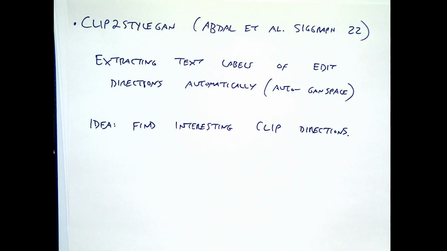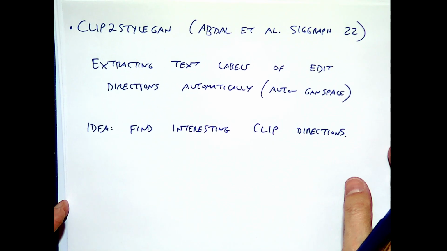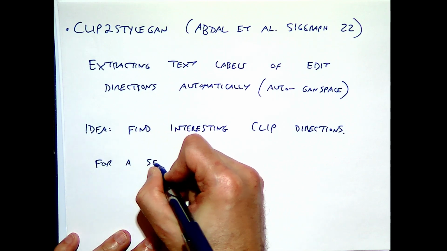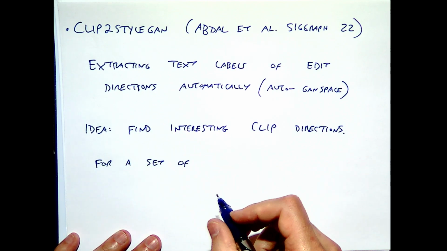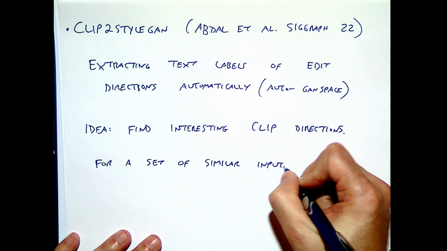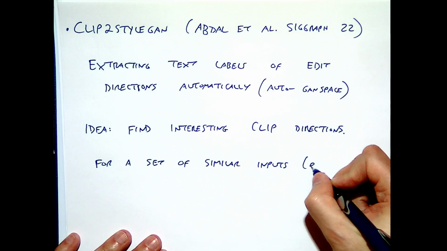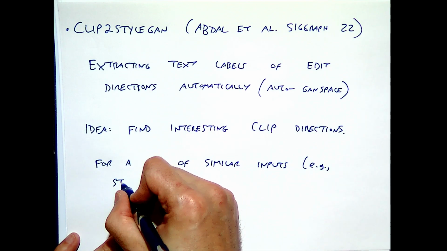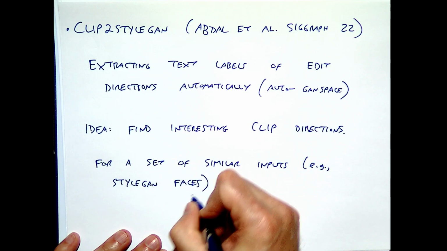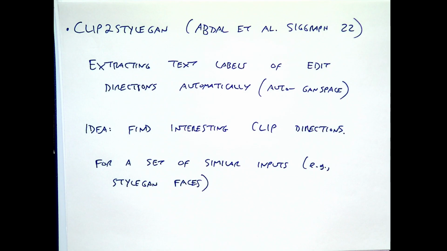But the idea is that what I should be able to do is, for a set of similar input images, for example, coming back to StyleGAN faces, take those images, find their CLIP image embeddings, and then average them, right?